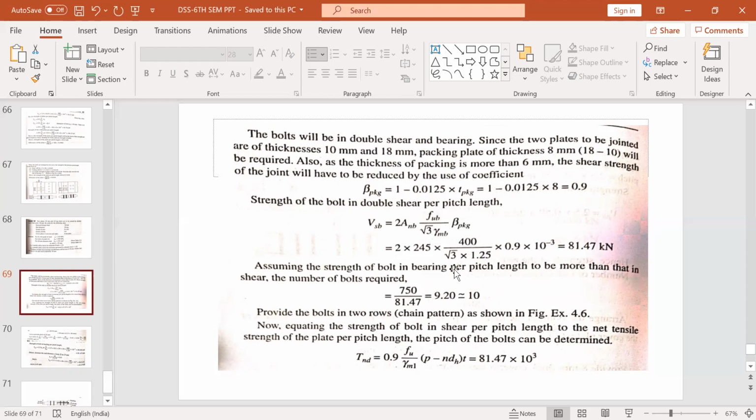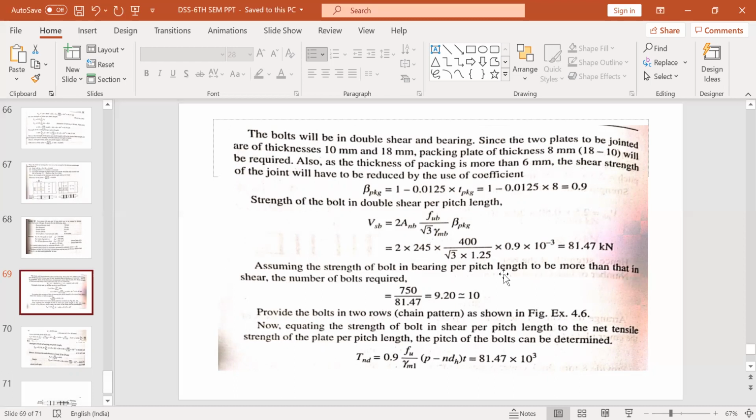You have found the shearing, you do not know bearing, and you know strength of bolt is minimum of the two. But you cannot find the bearing strength because you do not know the pitch, you do not know the thickness. So in this case, you assume that the strength of the bolt in bearing per pitch length is more than that in shear. That is, bearing strength is more.